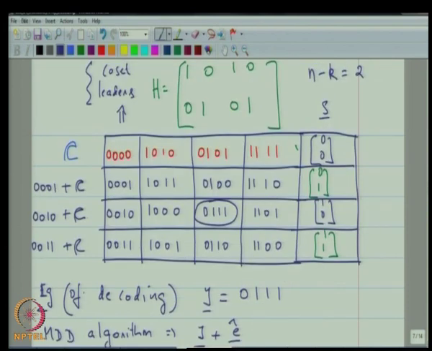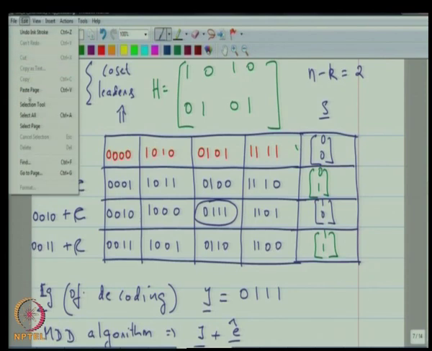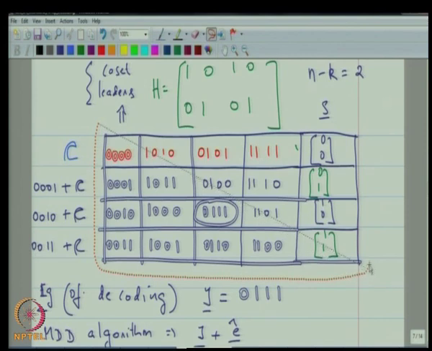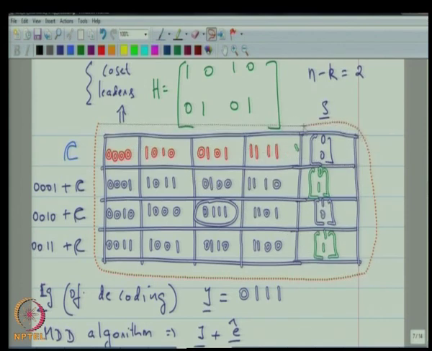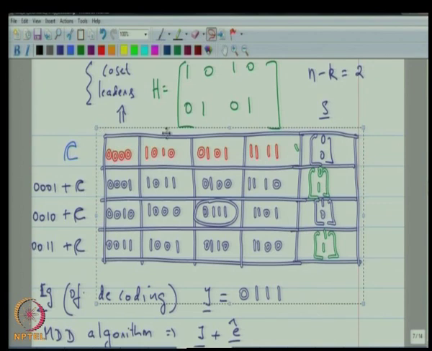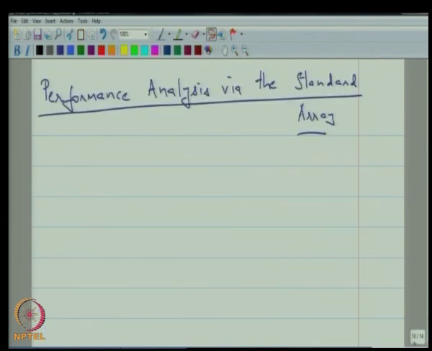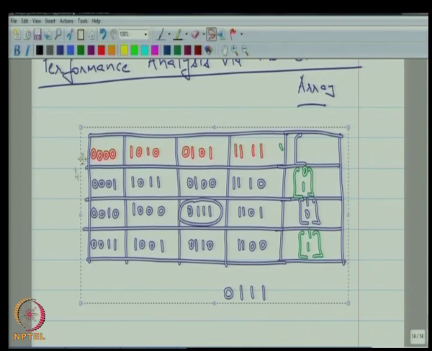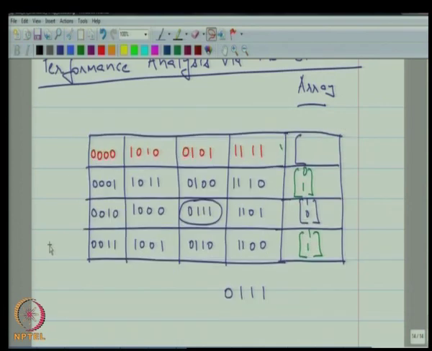So, first let me select it. Okay, and now I want to copy it, and set it down here. All right. So, here we have our standard array.